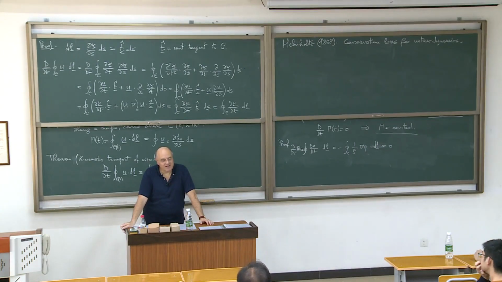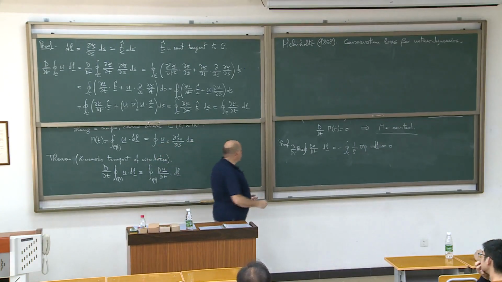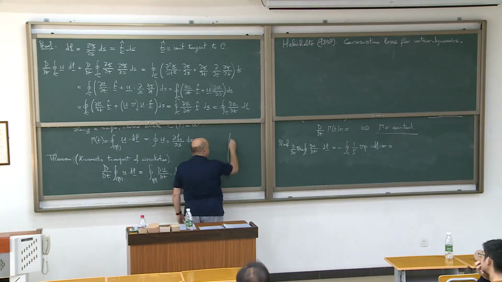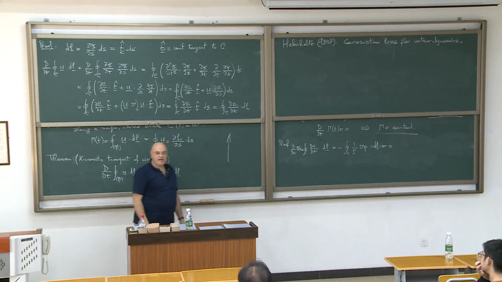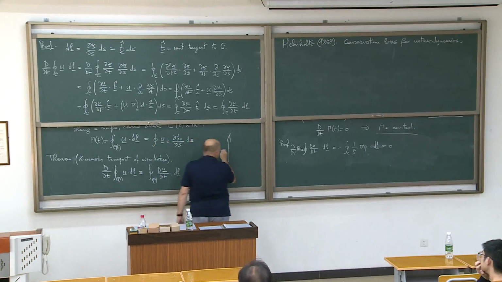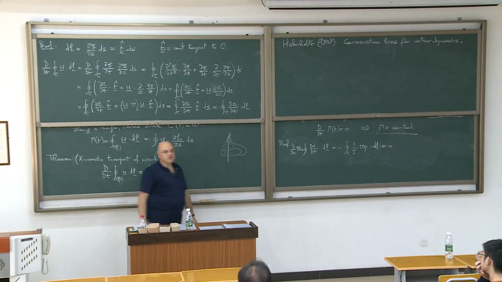Suppose you have a field line, and suppose you go around many times, and then you close the curve on itself. How about that? C is a curve. For simplicity we take it a simple, closed curve, unknotted, unlinked, et cetera.